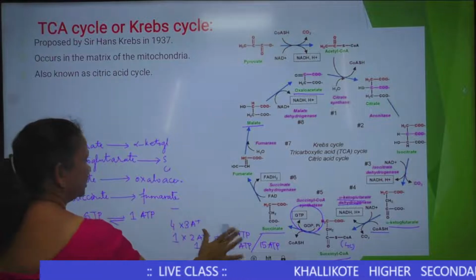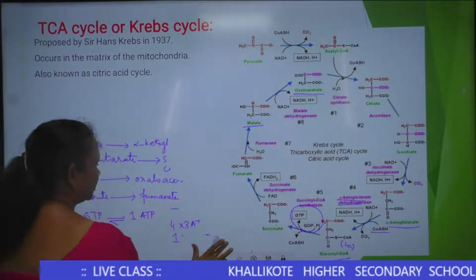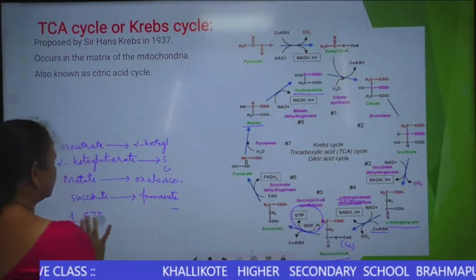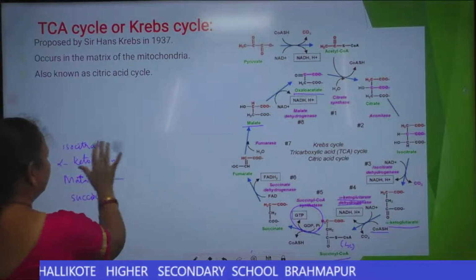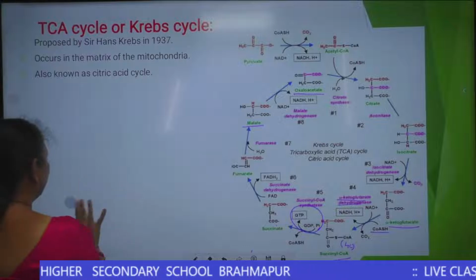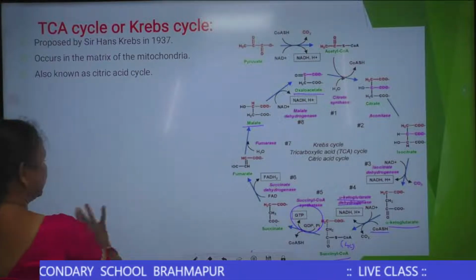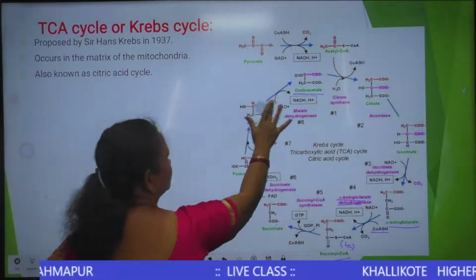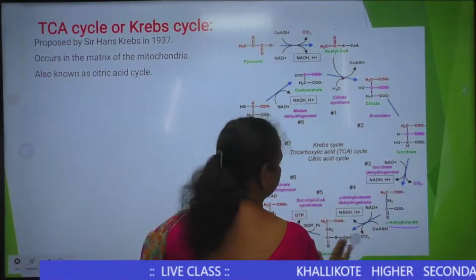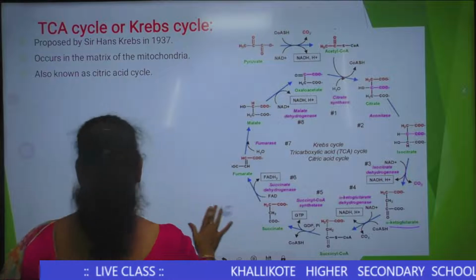So, after the TCA cycle, we shall come to the electron transport system of the mitochondrial chamber, what is present in the membrane system and how ATP is synthesized by oxidative phosphorylation.